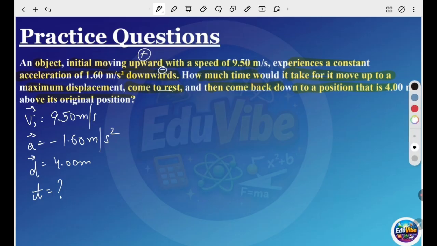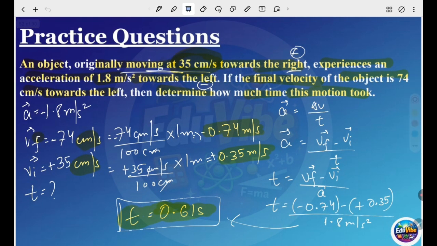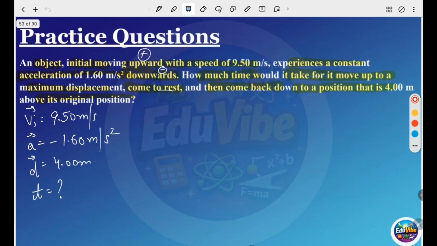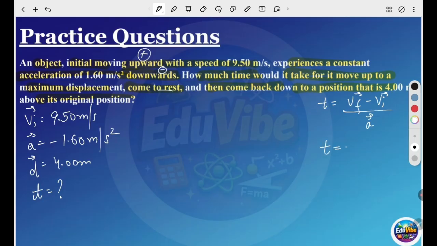So time is equal to final minus initial upon acceleration, which is acceleration equal to delta v upon t, and we isolate the t from there. If we know what the final is, we calculate the time from here.